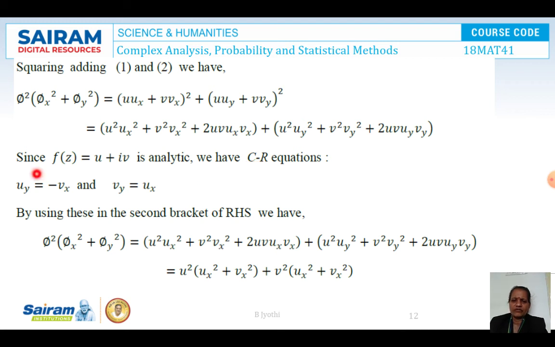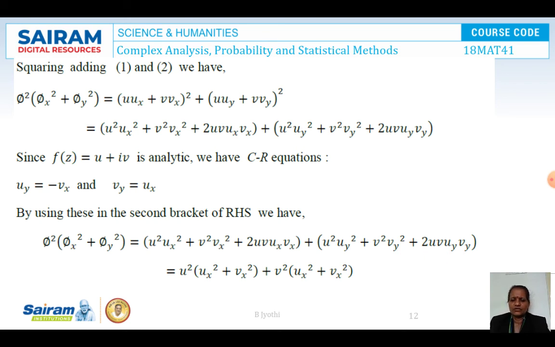Wherever uy and vy are there, they will be replaced with minus vx and ux. Then what happens? u square ux square plus v square vx square plus 2uv into ux vx. That is, the first bracket remains the same because there is no vy or uy term. In the second bracket, u square uy square plus v square vy square, here we will be changing.